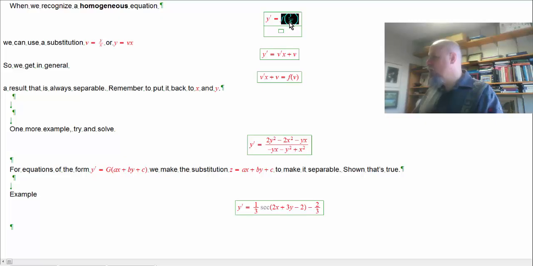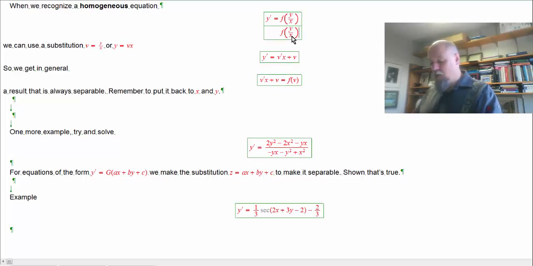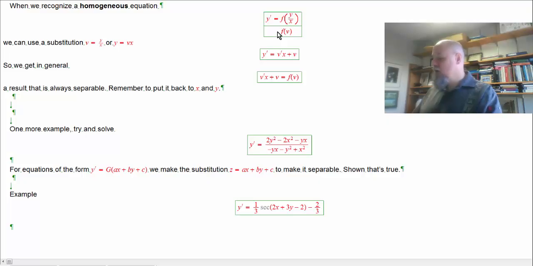Don't mess it up. So everywhere there's a y, I put a vx. The x's cancel, so that's just f of v.